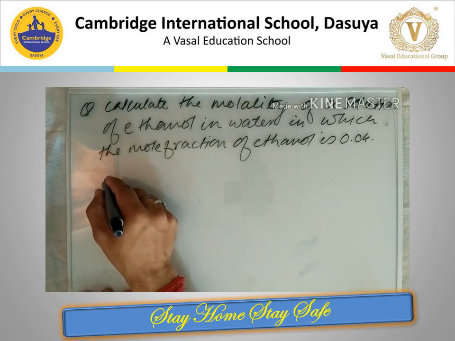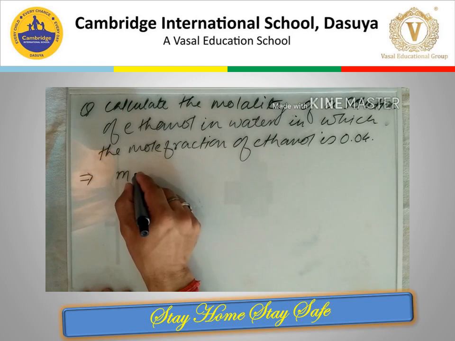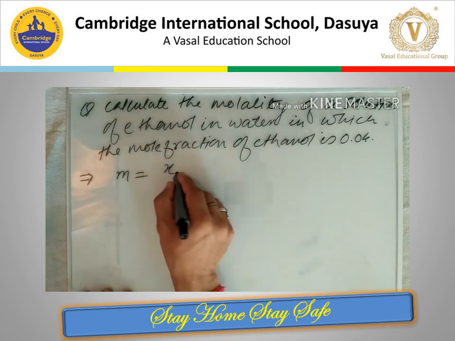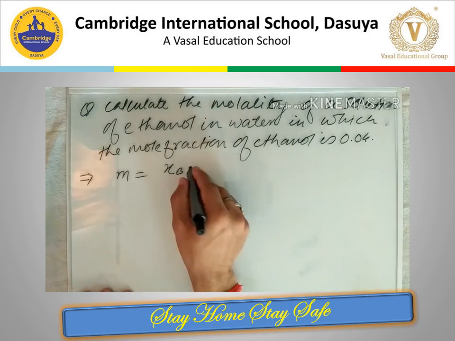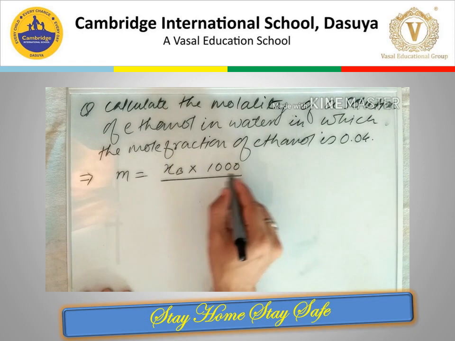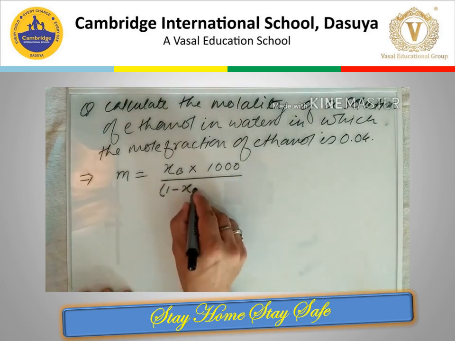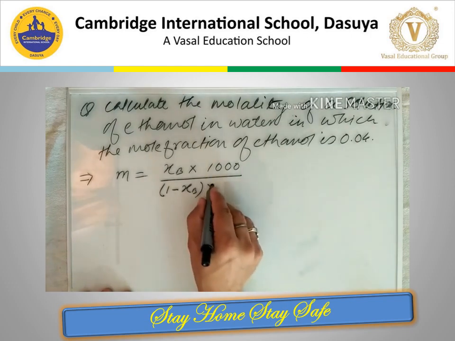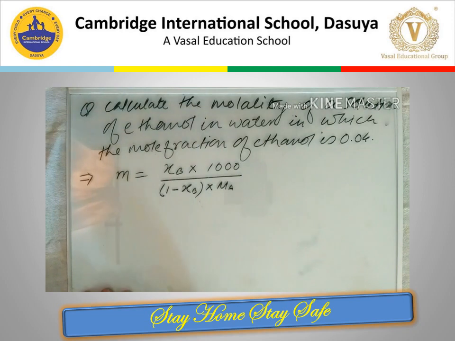The relation was given as molality equals mole fraction of solute into 1000 upon 1 minus xb into the molar mass of the solvent.